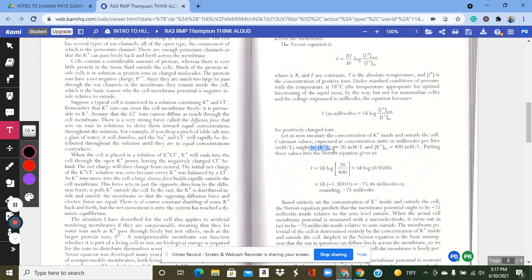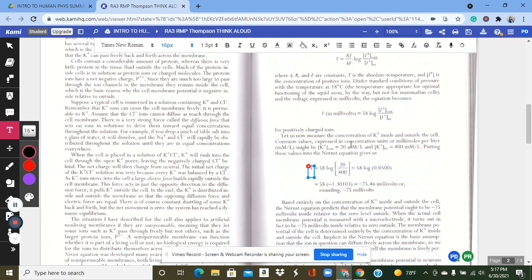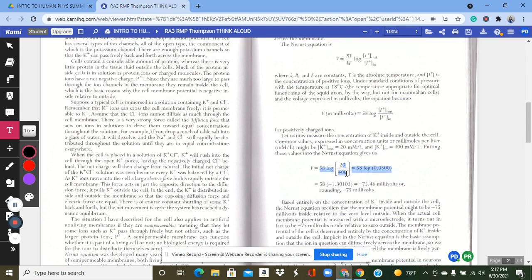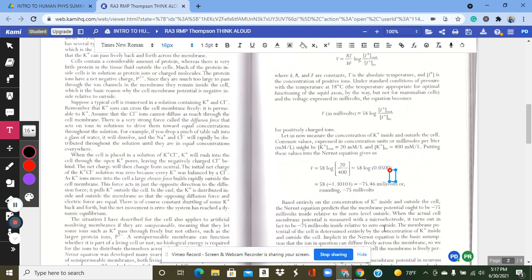Okay, so basically substitute these values for the ones right here. So V is equal to 58 log, and then you divide 20 over 400, you get 0.05, and then multiply them.